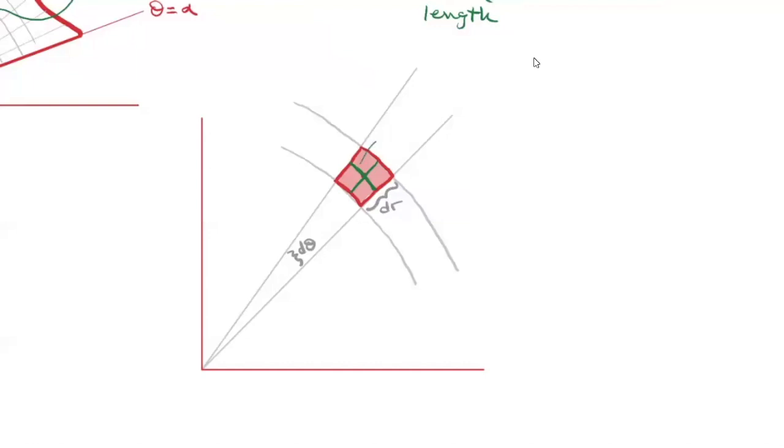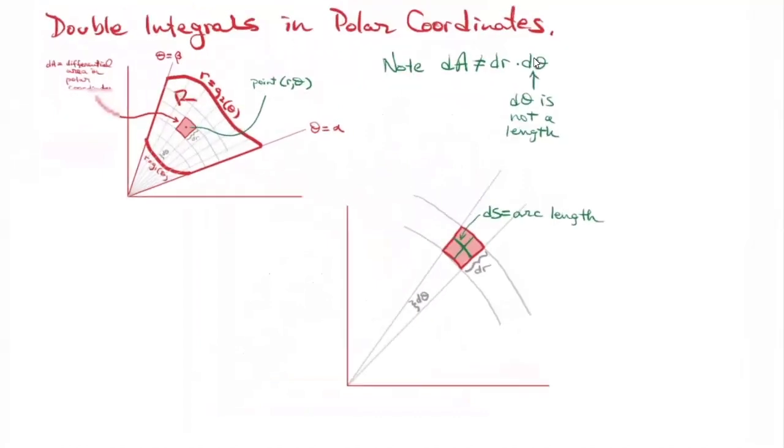This green length is a bit of arc length, and we always use ds for arc length. dA is going to have to be two lengths, so it's going to be ds times dr. Let me go to a wider font and clean that up a little.